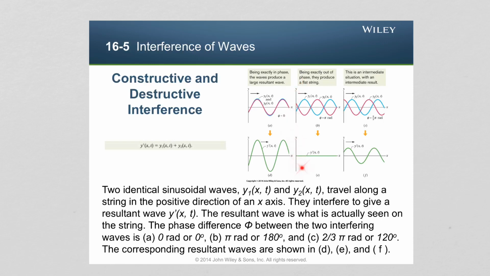In the second plot, we have two waves that have the same amplitude, one in blue and one in red, but are completely out of phase. So when one of the waves has a maximum, the other one has a minimum. And so when you combine the two waves, when they superimpose on the rope, they interfere to produce a net wave that has no amplitude. So this is an example of destructive interference, and this is an example of constructive interference.